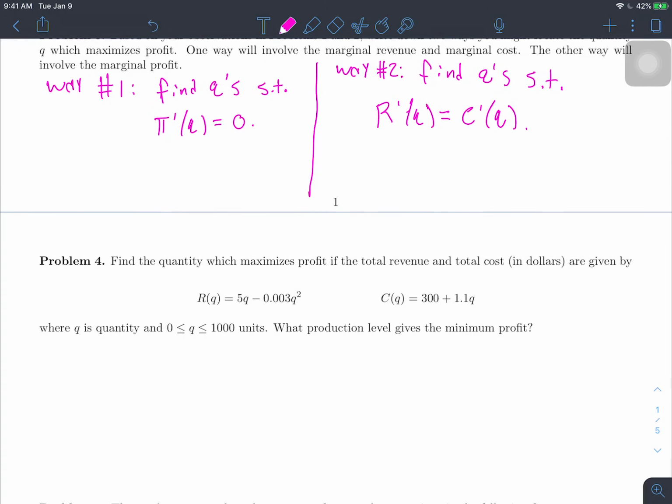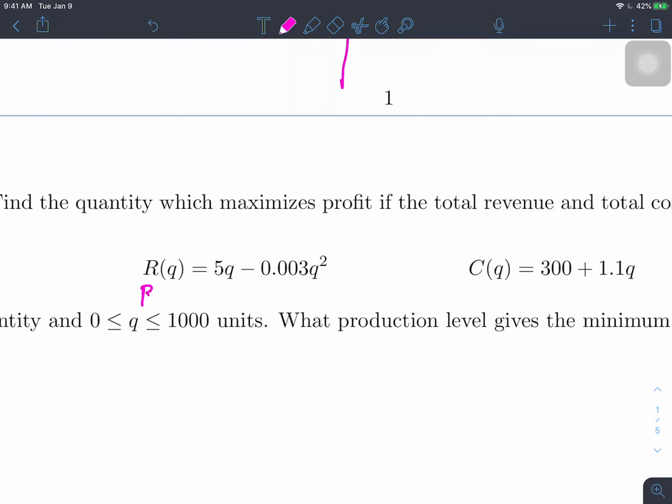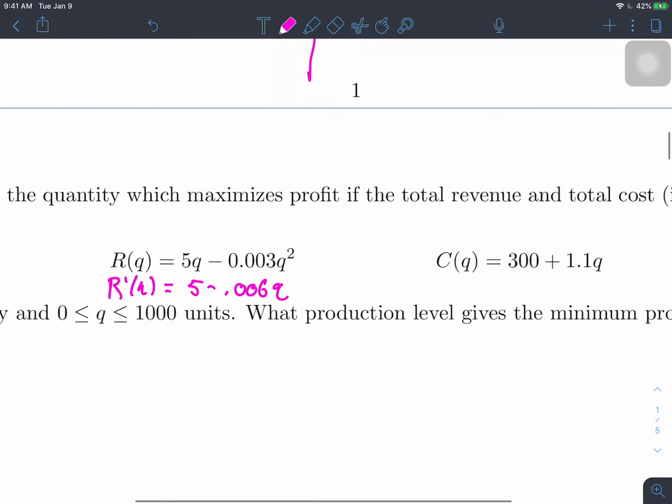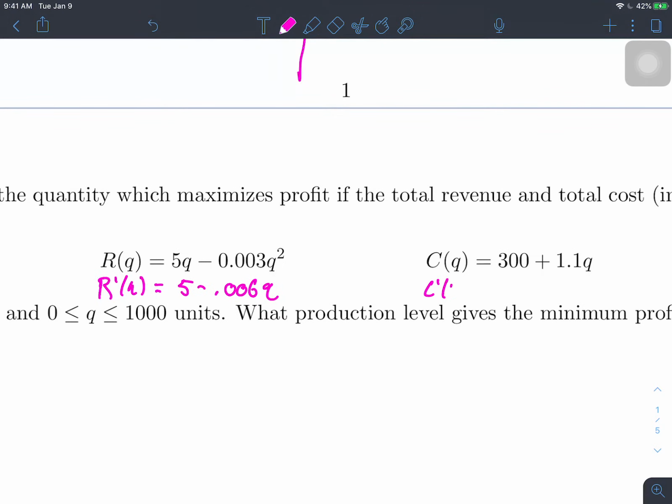We're going to compute R prime of q. So that's going to be 5 minus 0.006 q. And C prime of q equals 1.1.